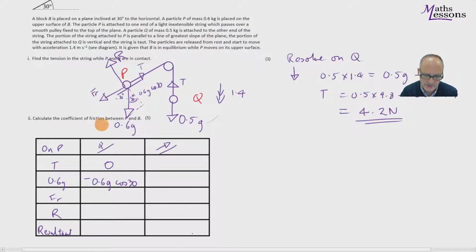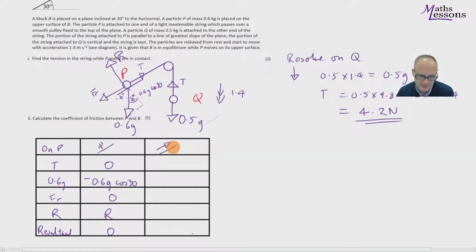FR, none of it's going to act. Normal reaction is acting in the positive direction, so that's that. And there's no resultant. The acceleration is in this direction for this string, it's going to be in that direction for this string. The resultant, therefore, is in that direction as well. So there's going to be no resultant force acting perpendicular, so it's 0.